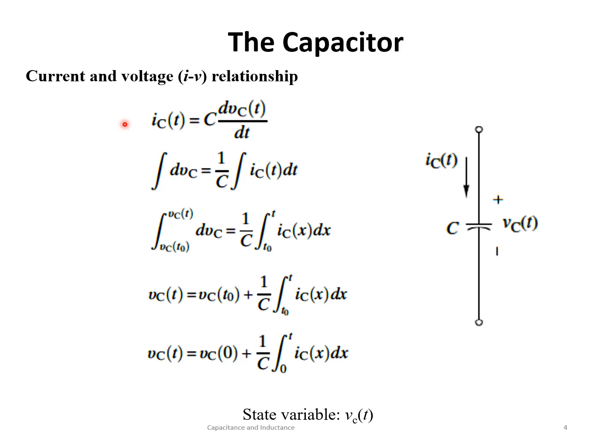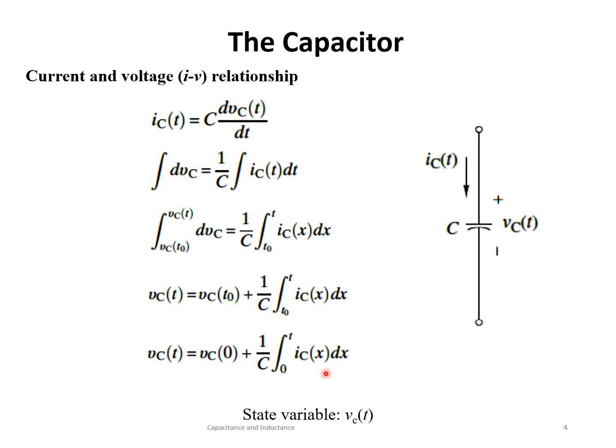Now, if we manipulate it mathematically, if we take integral of both sides, and then we reach this, and further if we operate this integration from t0 to t, we end up over here, and then finally the relationship of the capacitor is Vc(0) plus 1 over C integral from 0 to t of iC(x) dx.